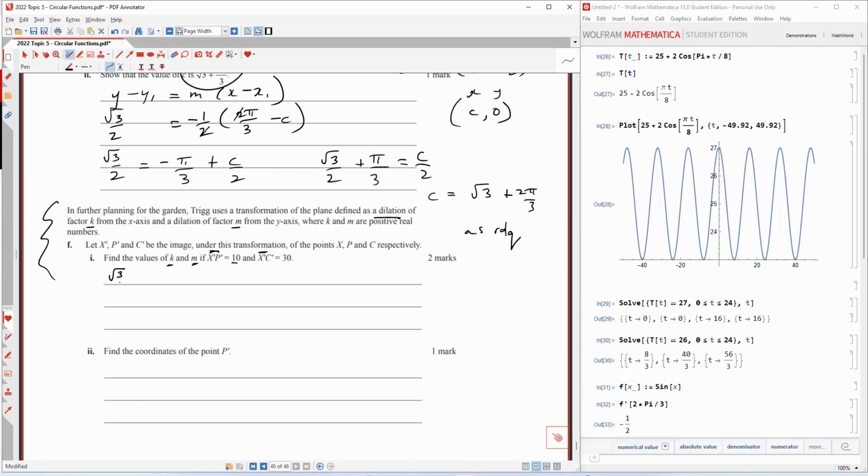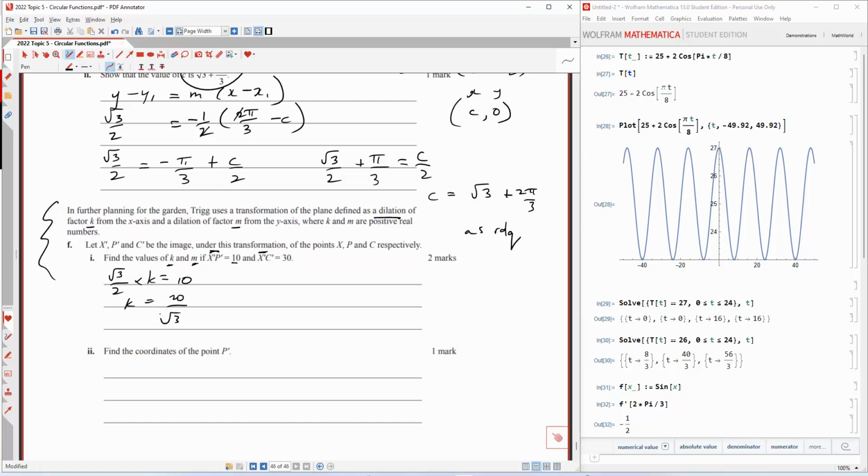So it's originally root 3 on 2. We want to dilate it by a factor k to equal 10. So what we'll do is multiply by 2, divide by root 3. That means k equals 20 on root 3.